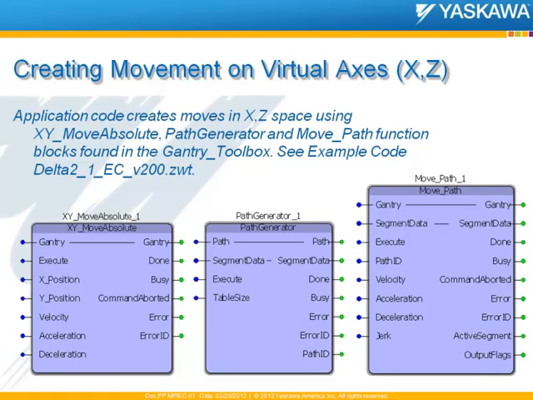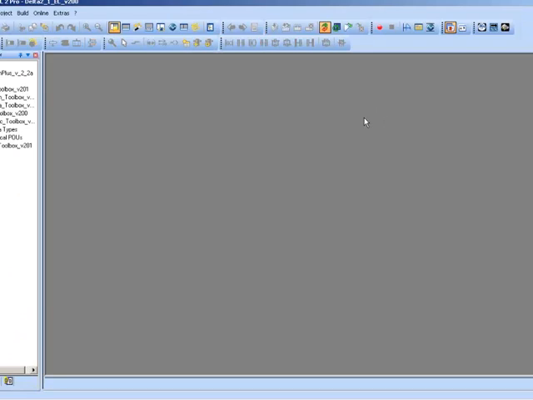So I'm going to jump over to the example program here real quick. I've called up this program in MotionWorks IEC version 2. First I just wanted to show you on the library page where we've linked in all of our toolboxes, including the Kinematic toolbox. In the data types, we have some predefined data types.